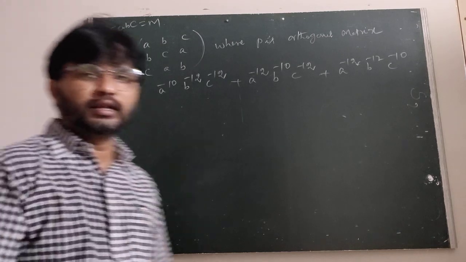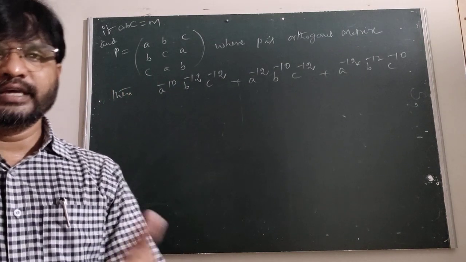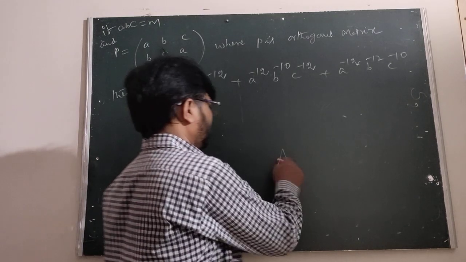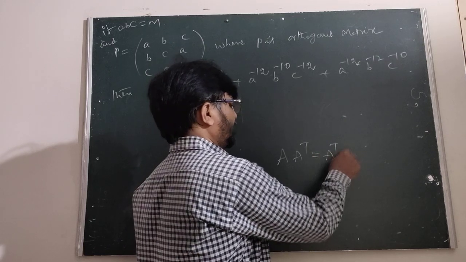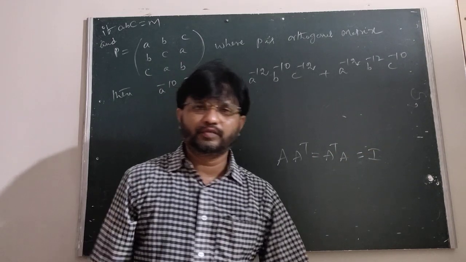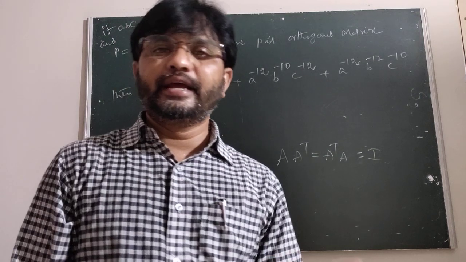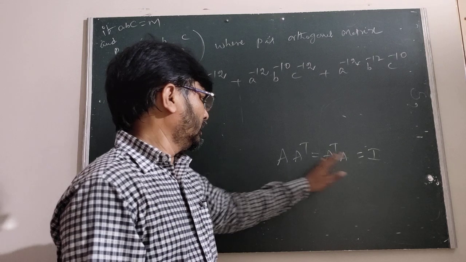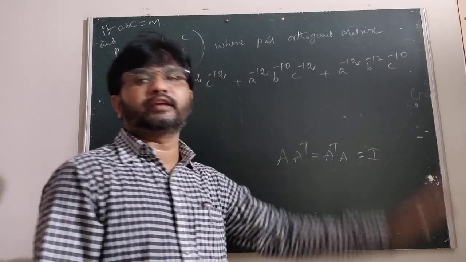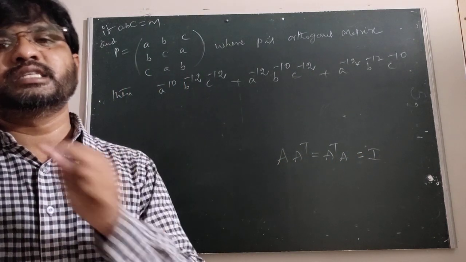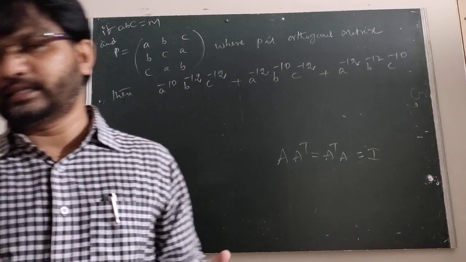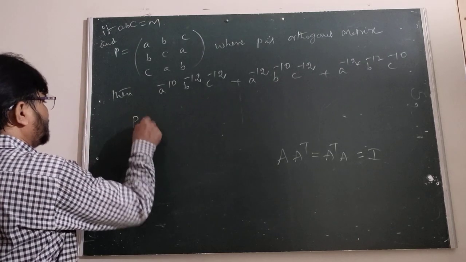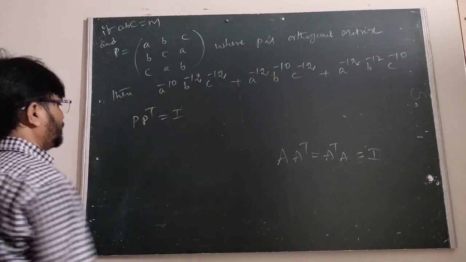Here, orthogonal: we know that in matrices, if A is a square matrix and A into A transpose and A transpose into A both equal the unit matrix, then A is said to be an orthogonal matrix. Therefore here P is given as an orthogonal matrix. That means P into P transpose is the unit matrix.